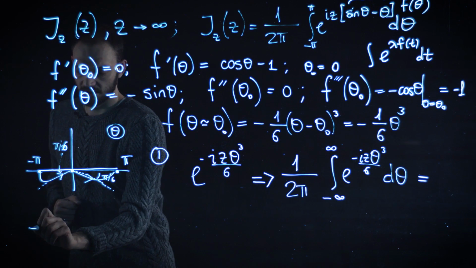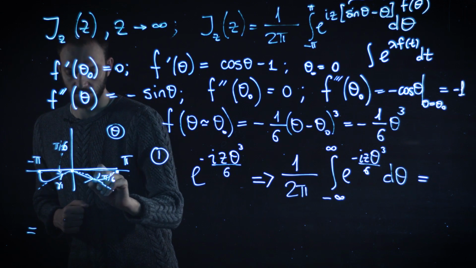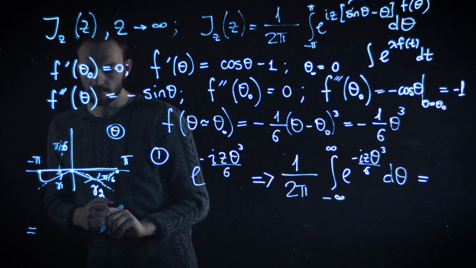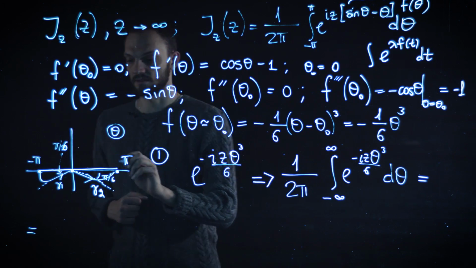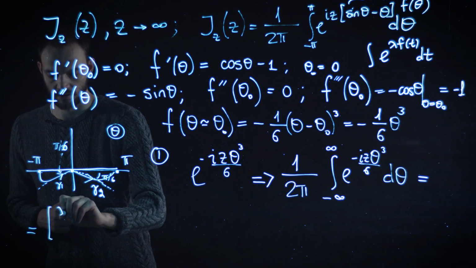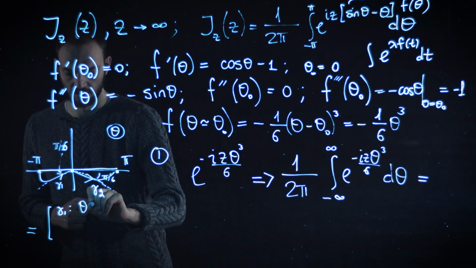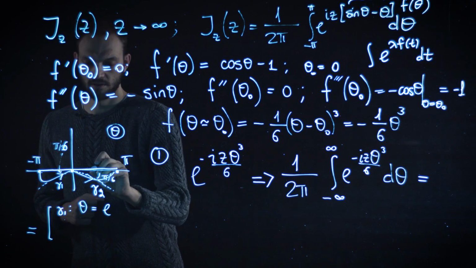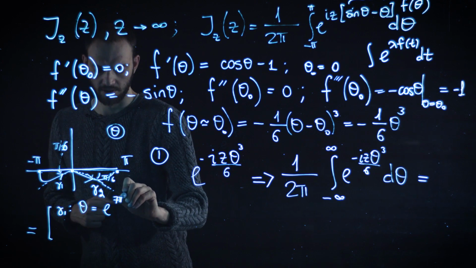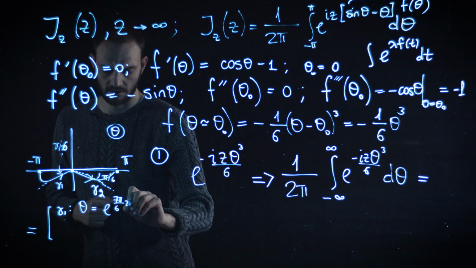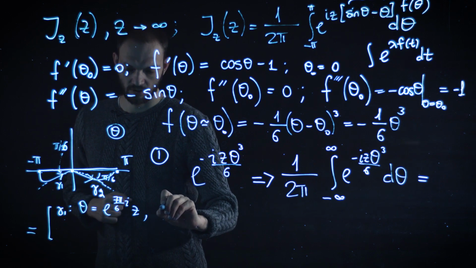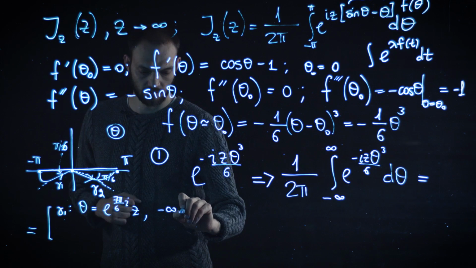So it's convenient to split this integral into two parts, gamma 1 and gamma 2. At each of the parts, the change of the integration variable is as follows. At gamma 1, we say that theta equals exponent of 7 pi over 6 I times z, with z going from minus infinity to 0.